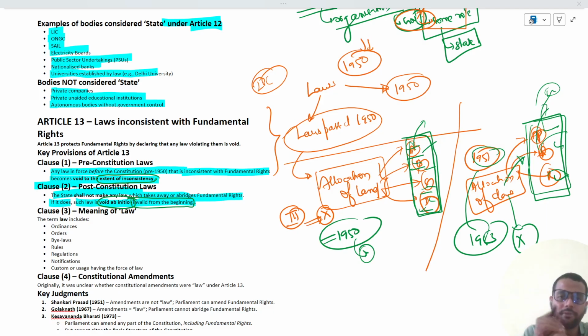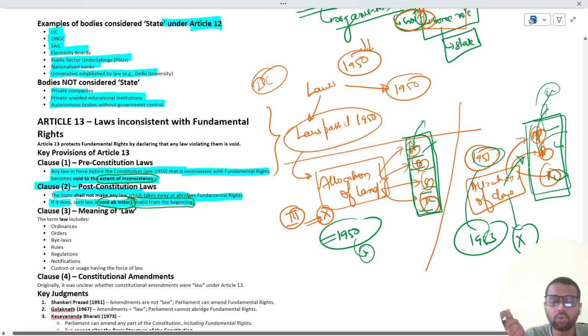Now let us come to the confusion point, where we were talking about a company passing any order or notification. Will that be considered invalid? The company, we have already understood, is under the jurisdiction of the term state. That is, the company is the state. But what about the order or the notification? So clause 3 defines that.